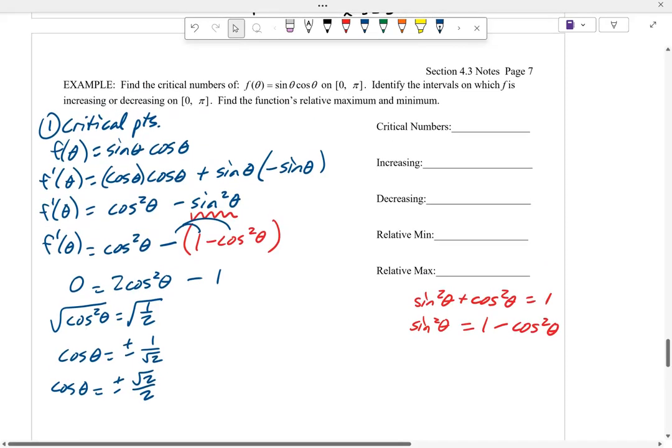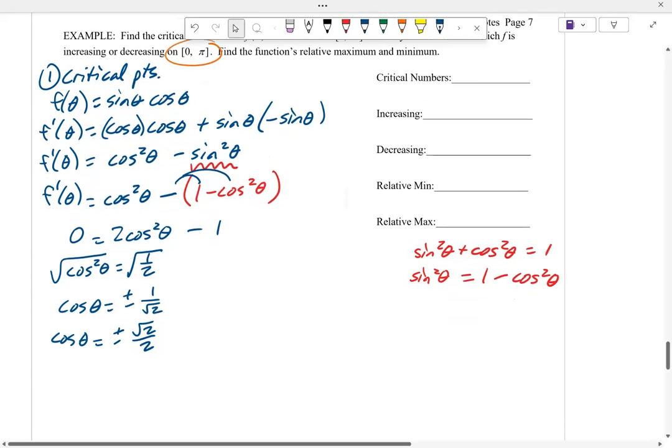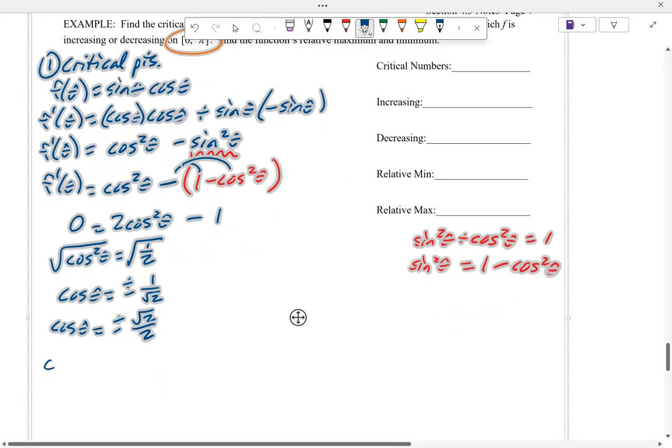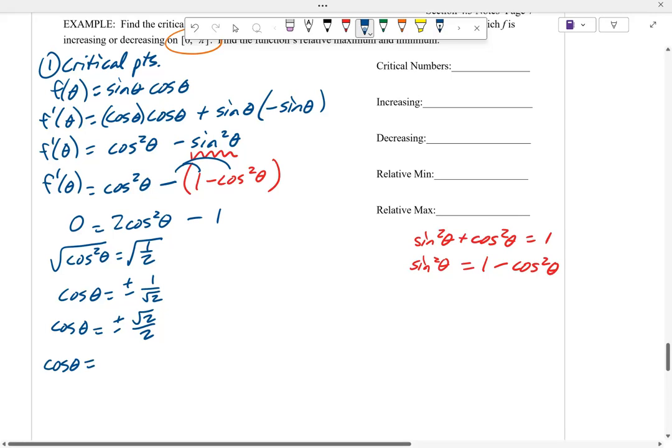And notice they did ask for a restricted domain. They just want you to look at the intervals on which it's increasing or decreasing only between 0 and pi.